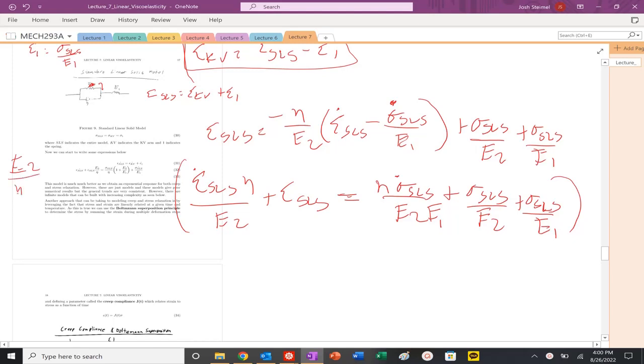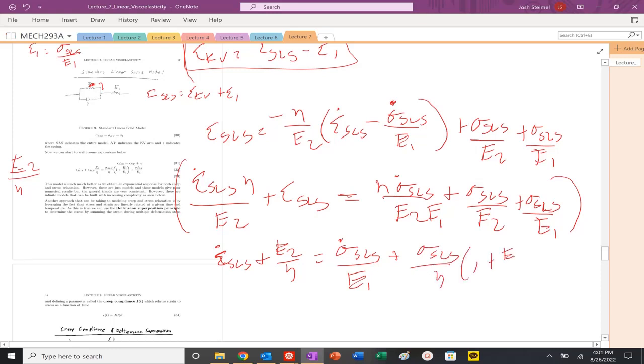E2 divided by eta cancels out, leaves a nice epsilon SLS on the first term, plus epsilon SLS E2 over eta for the next term. Let's write this out. Epsilon SLS over here, and then sigma over E1, and then again the E2 term disappears and the eta term disappears, and then we have sigma SLS over eta.